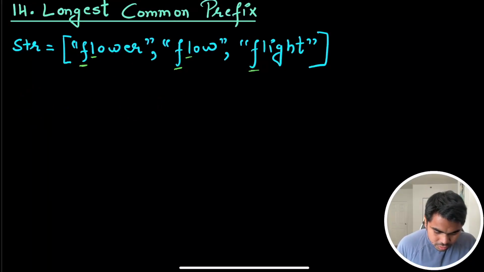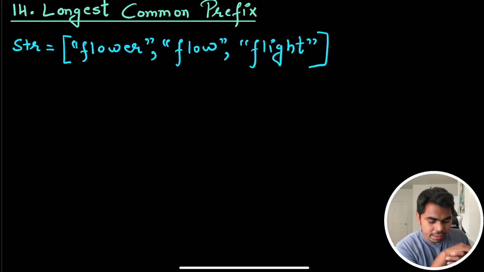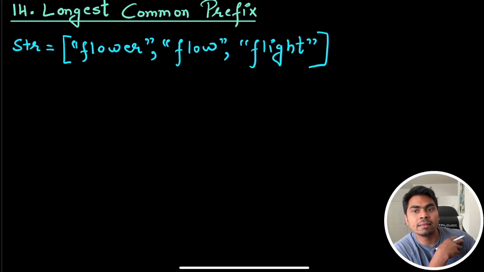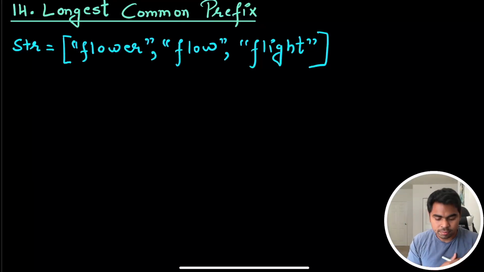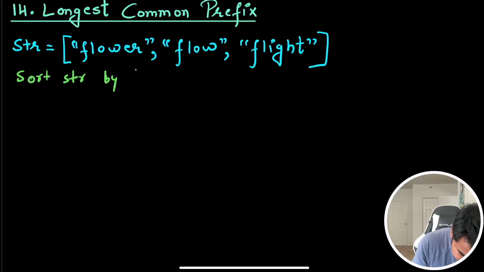Now let's solve this. How are we going to solve this? The best way would be, we can make an observation that the longest common prefix would never be bigger than the shortest string in this array. My answer would never be bigger than this. So the first thing I'll do is sort the strings by length of words.